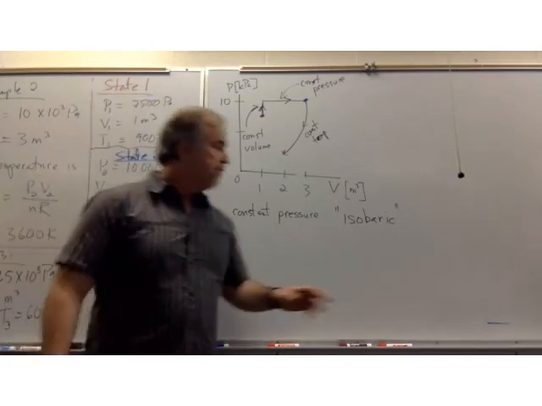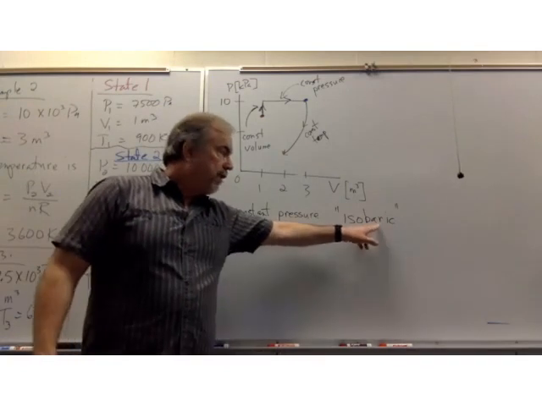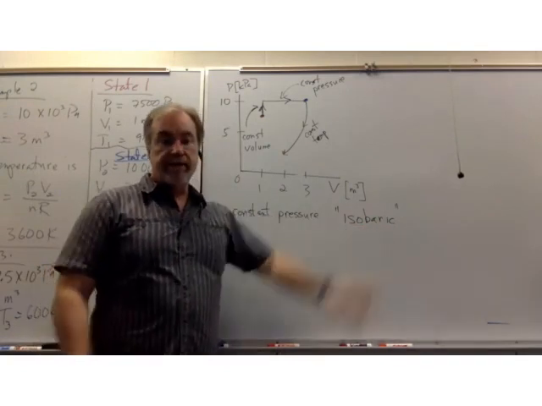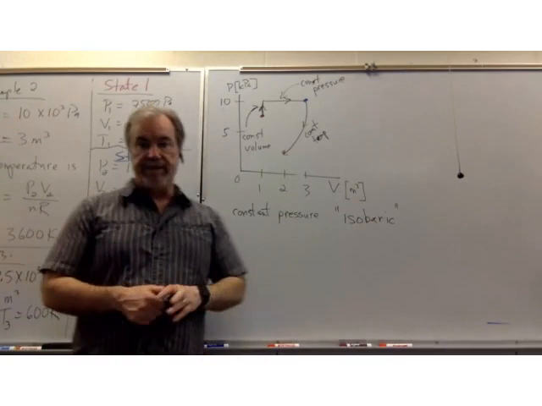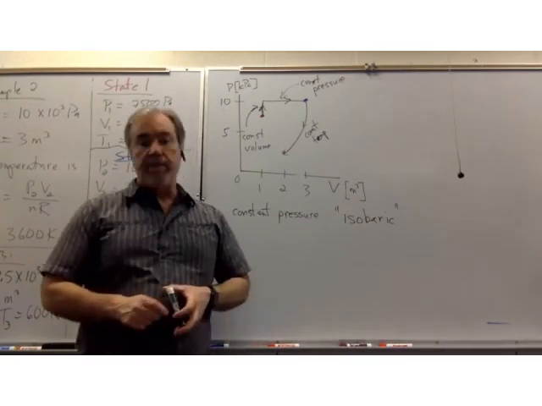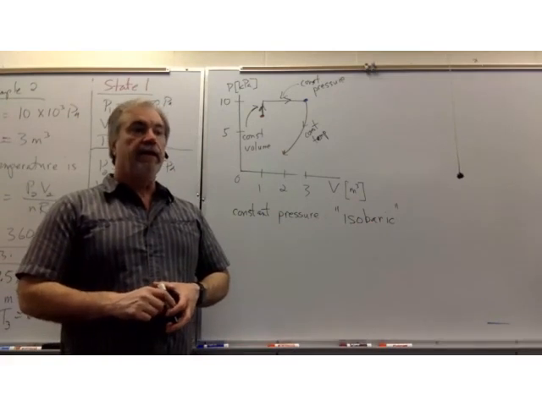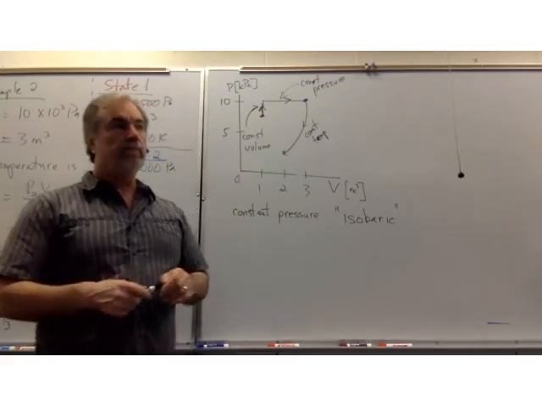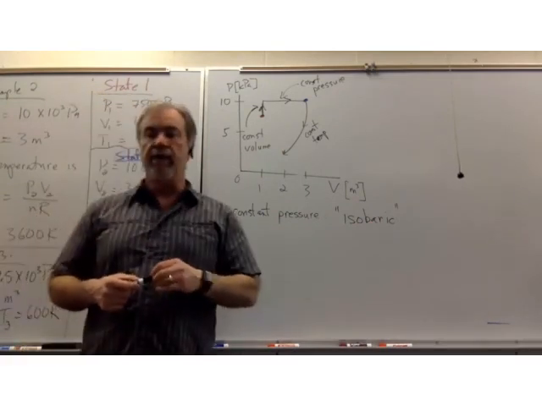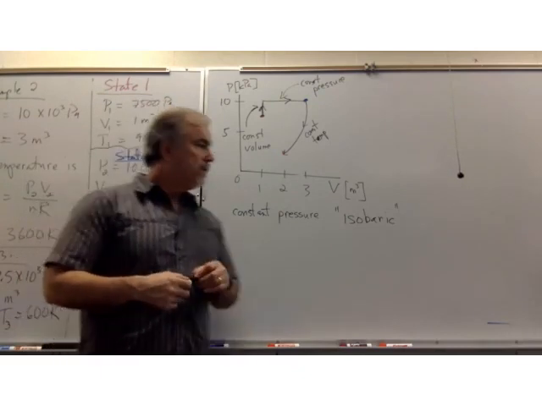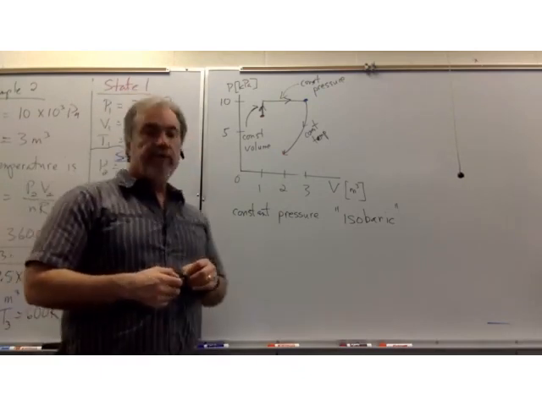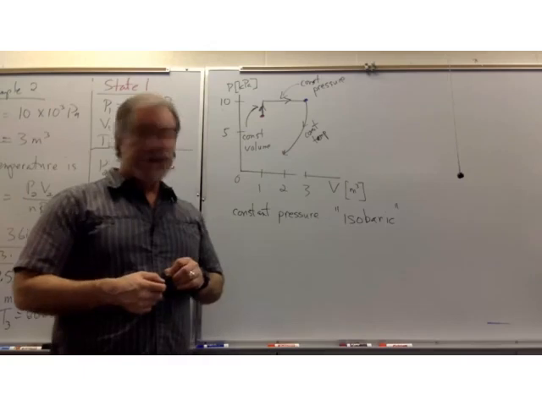So isobaric, well, the BAR is the key syllable there. And so barometric pressure, barometer, those are the ones I can think of. Those things are all about pressure. Okay.